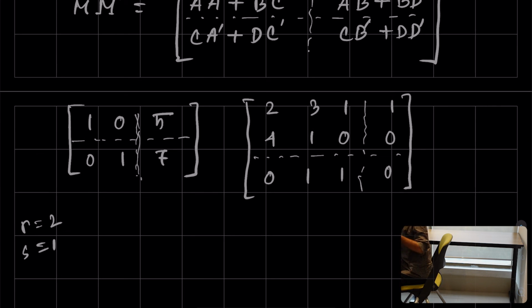So you see, I don't have to consider the number of columns in the second matrix when I'm decomposing the matrix.